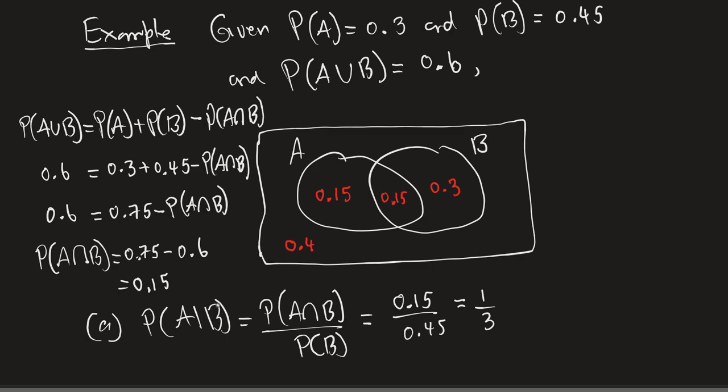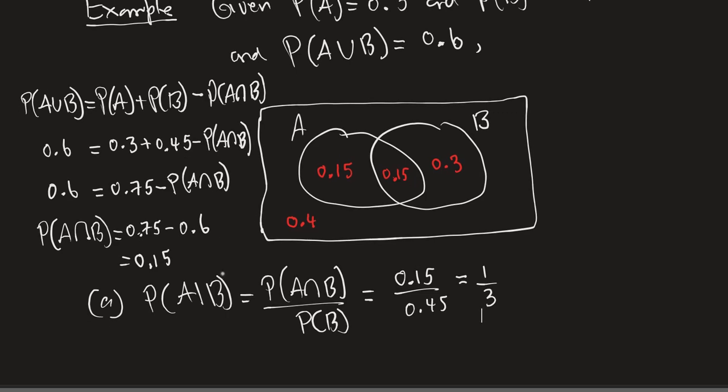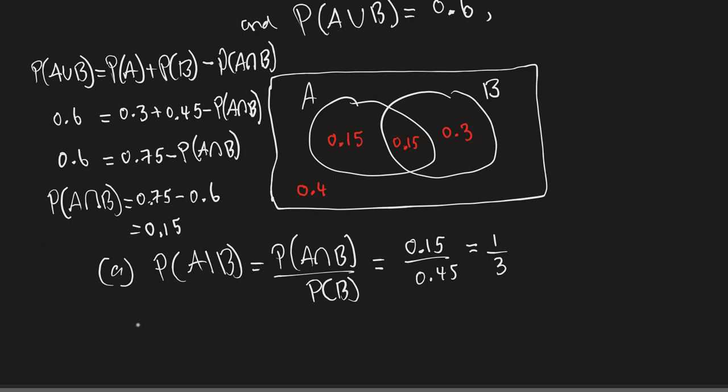Okay, so let's look at what if we flip it around? What if we take the probability of B given A? The reason why I want you to see this is that there are a couple properties of the set operation that will come into play, but it's not going to be the same as the probability of A given B, because in general the denominators might be different, right?